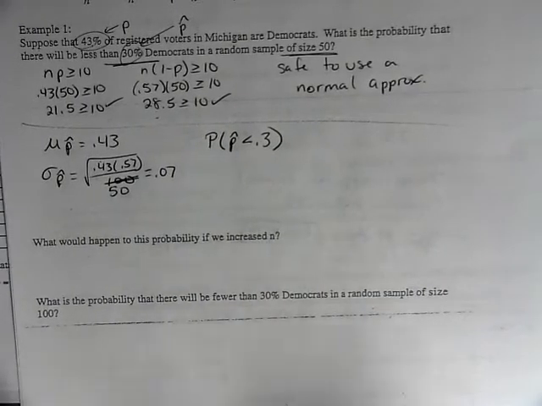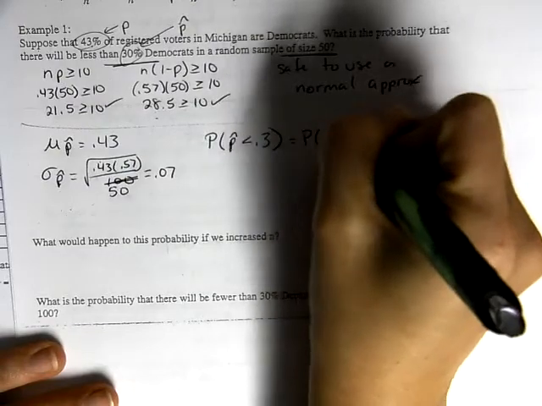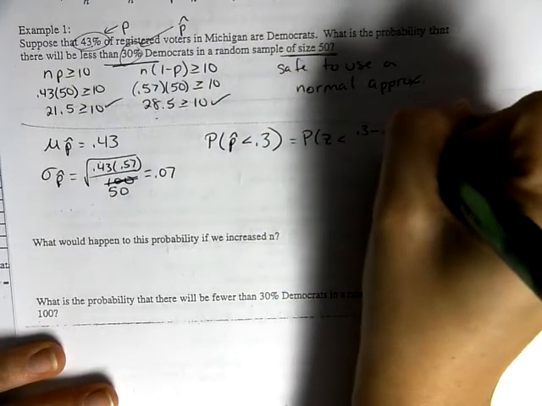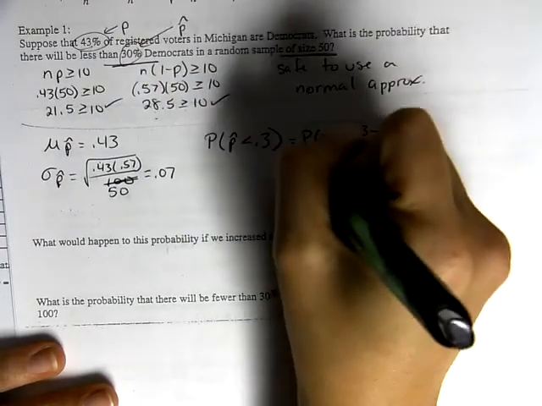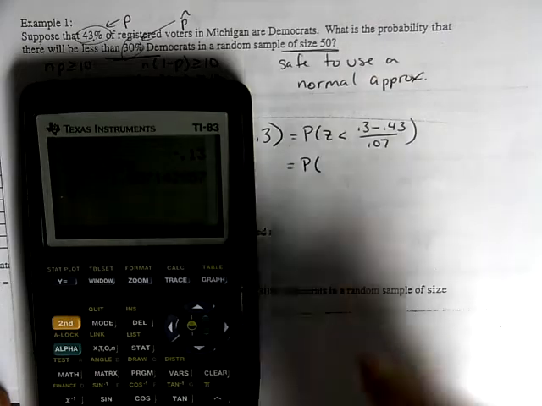So, I'm going to do this one by hand, and we'll use the calculator on the second part. So, I'm going to find the probability that z is less than 0.3 minus 0.43 over 0.07. So 0.3 minus 0.43 divided by 0.07.